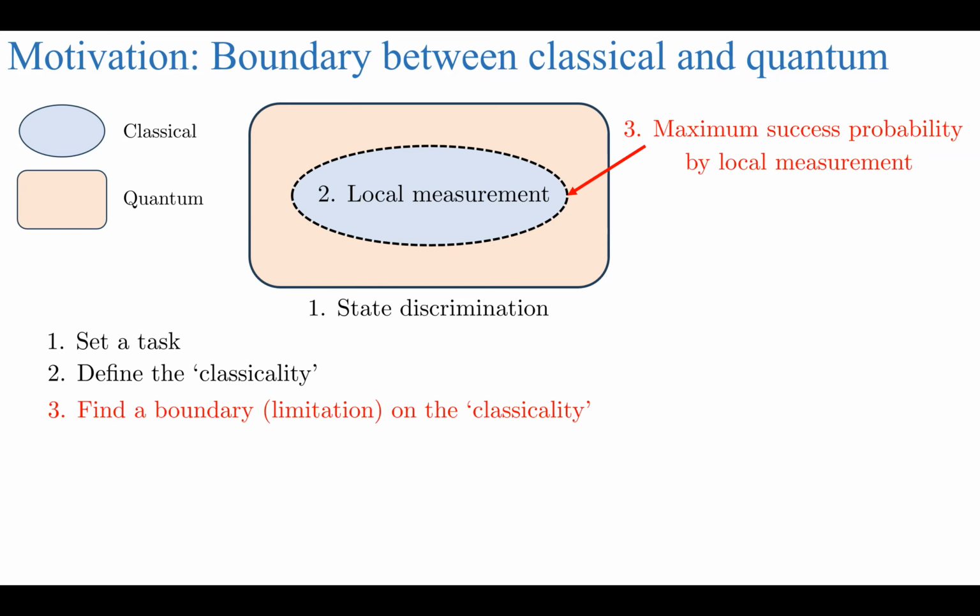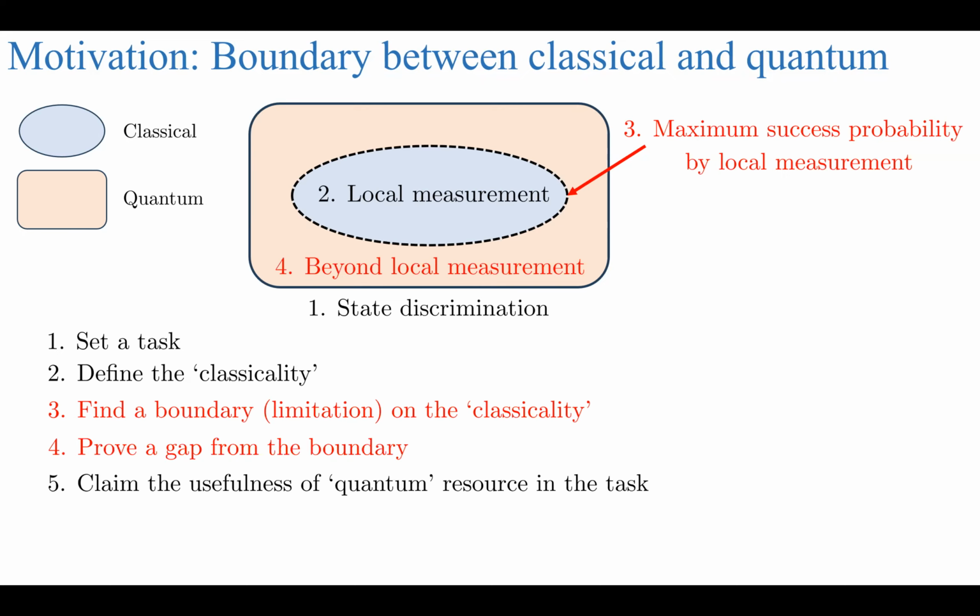In this case, it corresponds to the maximum success probability of the discrimination task, or some upper bound achievable by LOCC. And if we need a higher success probability, then we should use additional entanglement as a resource for non-local measurement. So in this case, we can claim the usefulness of entanglement as a resource in state discrimination.